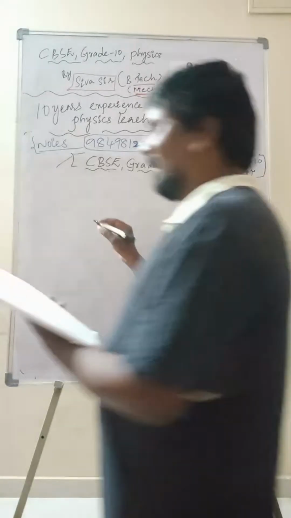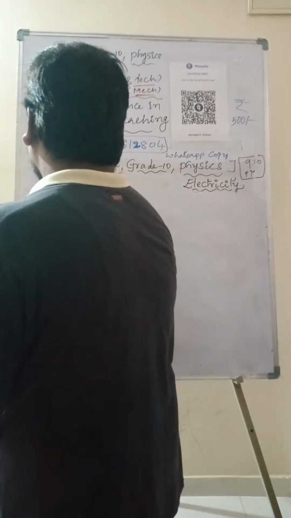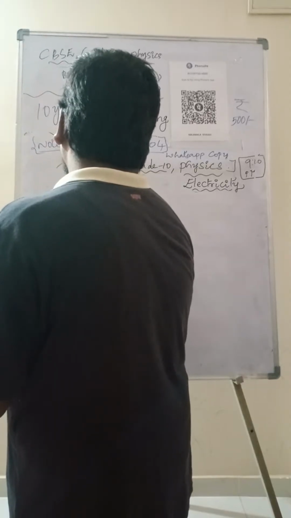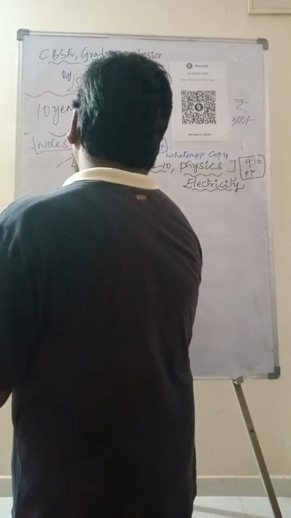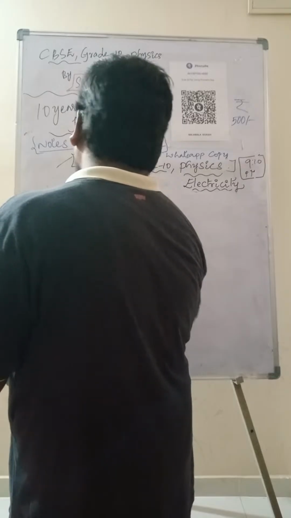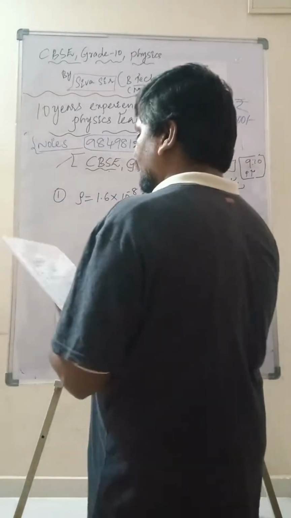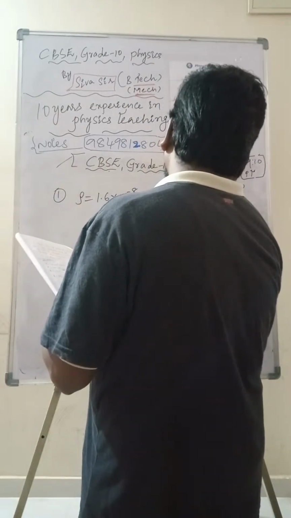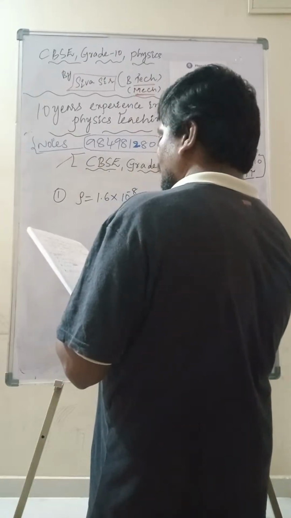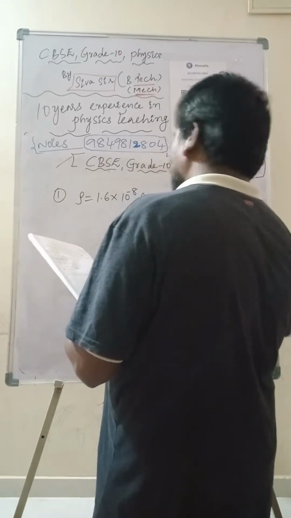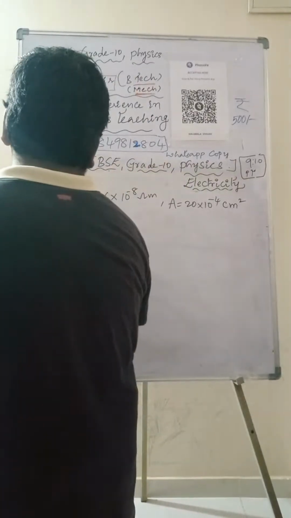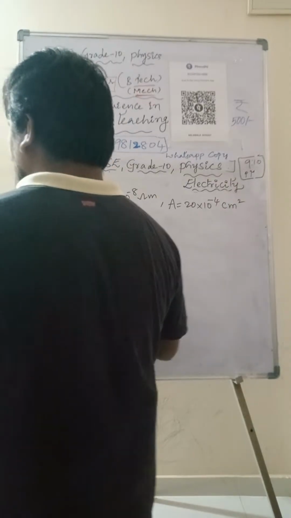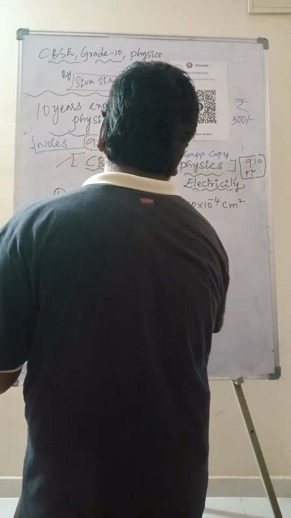Resistivity is given as 1.6 into 10 power minus 8 ohm meter, and the area of cross section A equals 20 into 10 power minus 4 centimeter square. We need to calculate the length of the wire. R is given, R equals 10 ohm. Length we have to find out.